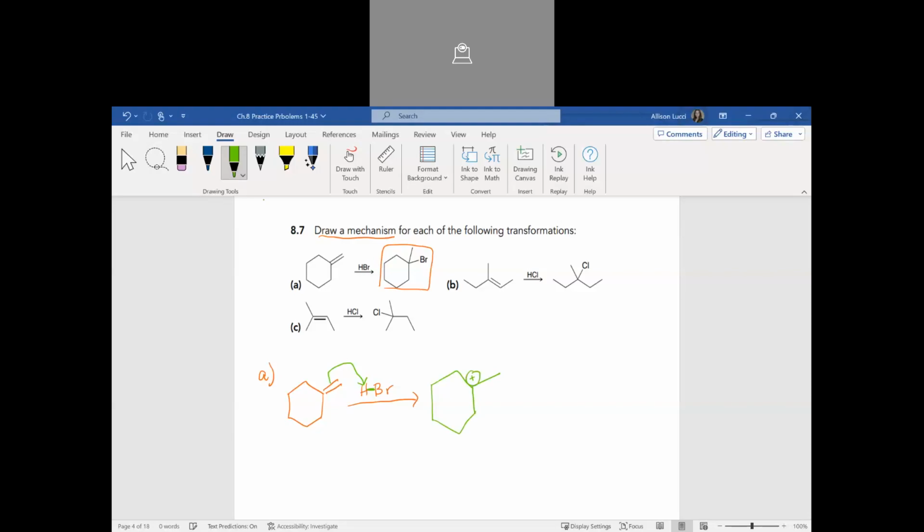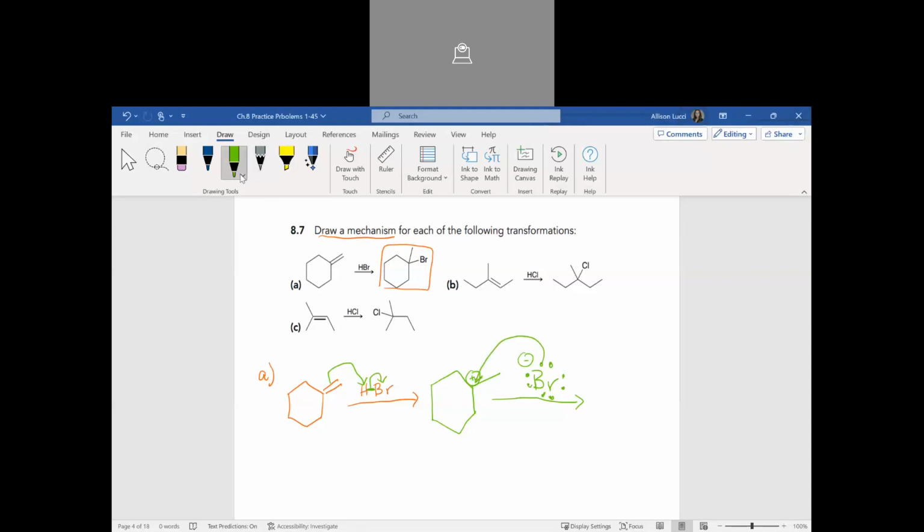We'll have a tertiary carbocation created, and in the next step, the electrons in this bond hop over to the bromine, so now we have a bromine anion over here, and that will attack this site where the carbocation is.